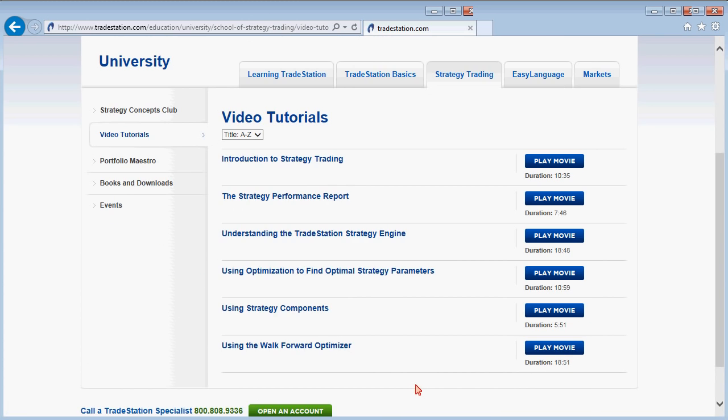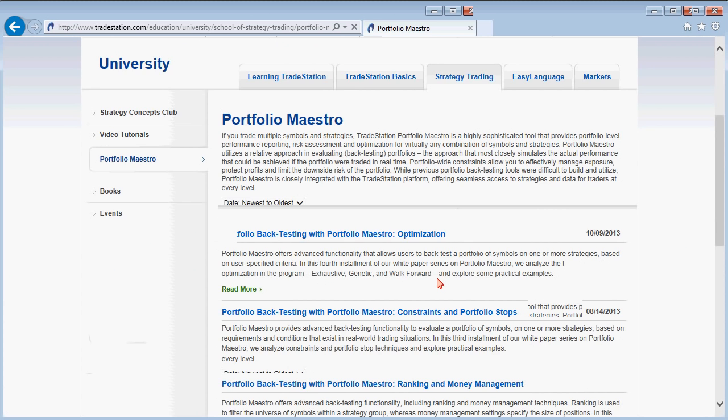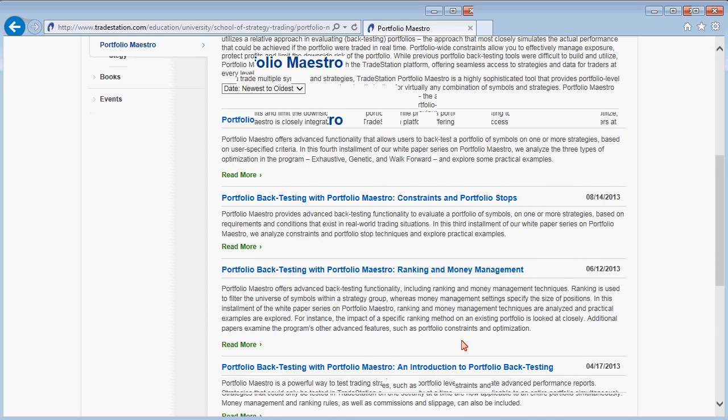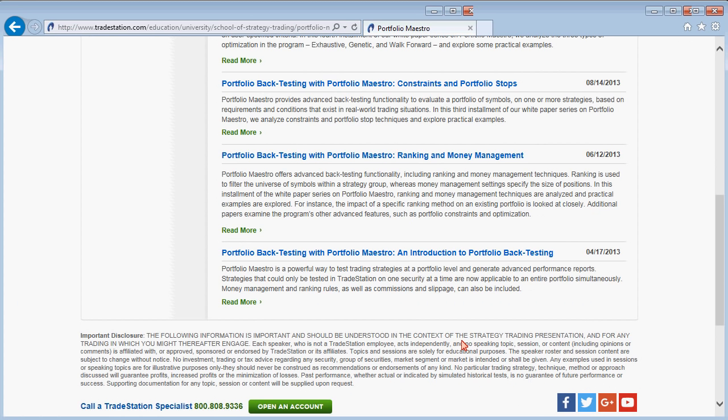If you go to video tutorials, we have one for the walk forward optimizer. It's about an 18-minute video, talks about the functionality there. You can take a look at that one. But if your interest is Portfolio Maestro, then you can come here to the Portfolio Maestro category, and we have some videos here that talk about that functionality as well.